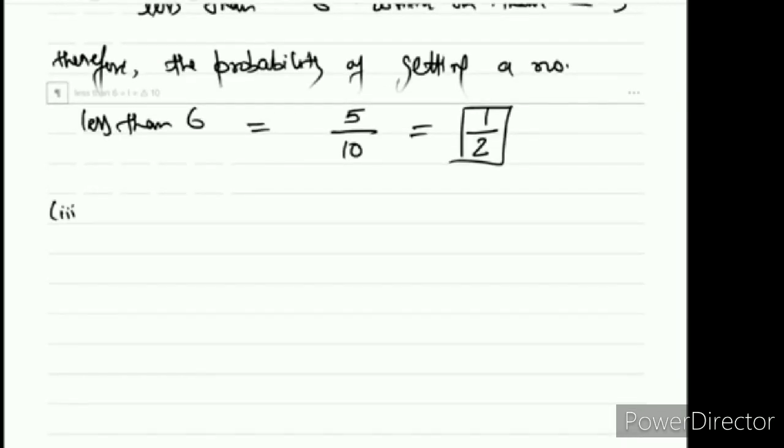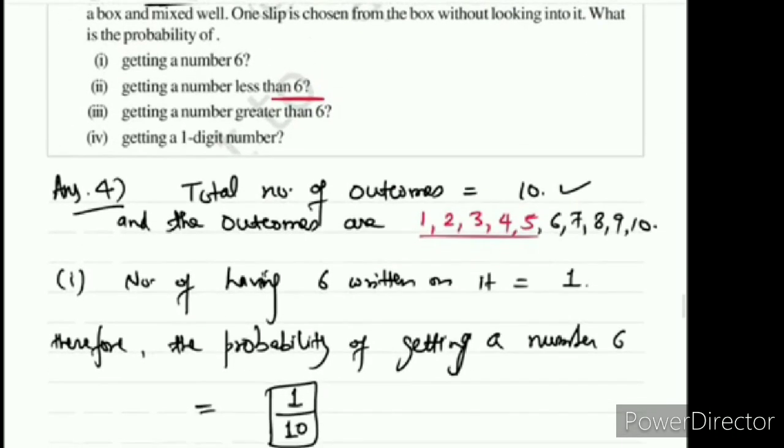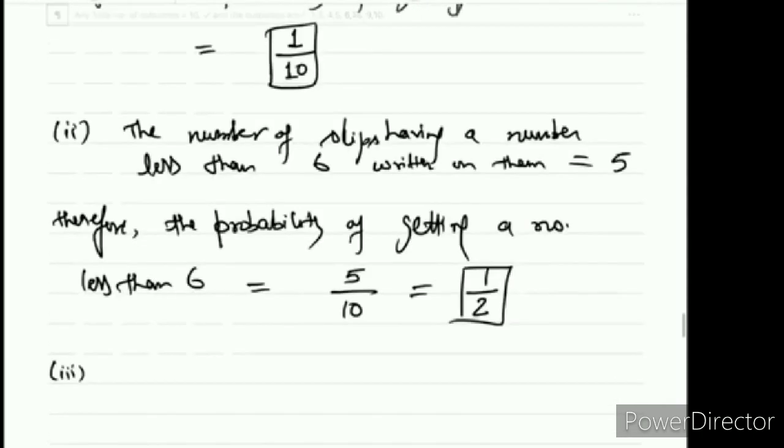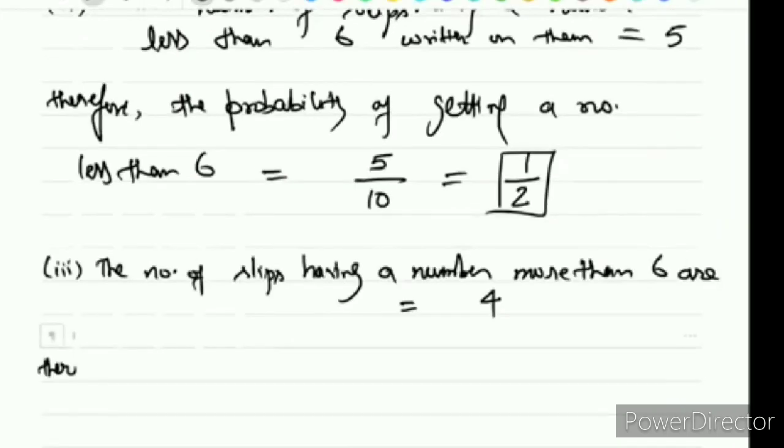Third part of question, getting a number greater than 6. They are 7, 8, 9 and 10. Totally 4 numbers. The same way we should write. The number of slips having a number more than 6 is 4.